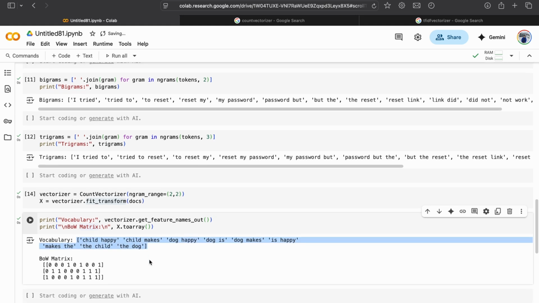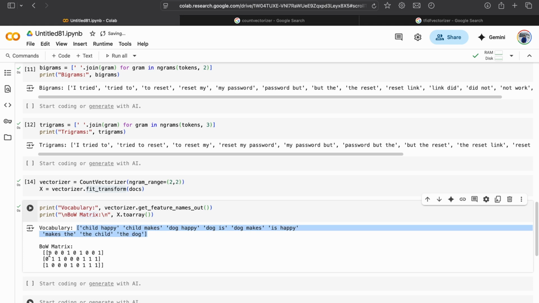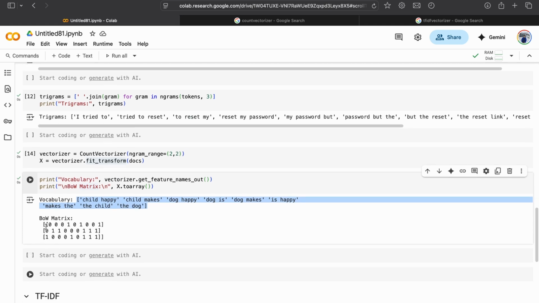Now this is our vector representation of the first document, which is, sorry, "the dog is happy." So we have "dog is," "is happy," and "the dog." So it's easier for us to understand this sentence will be the dog is happy.